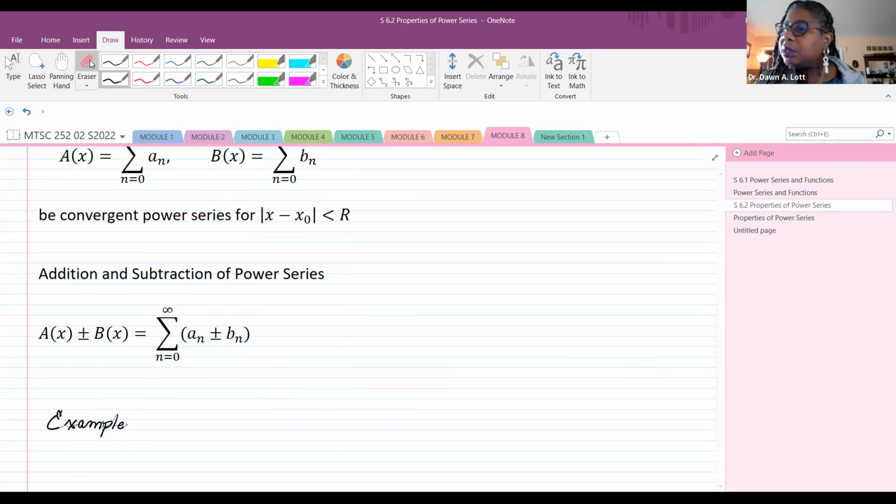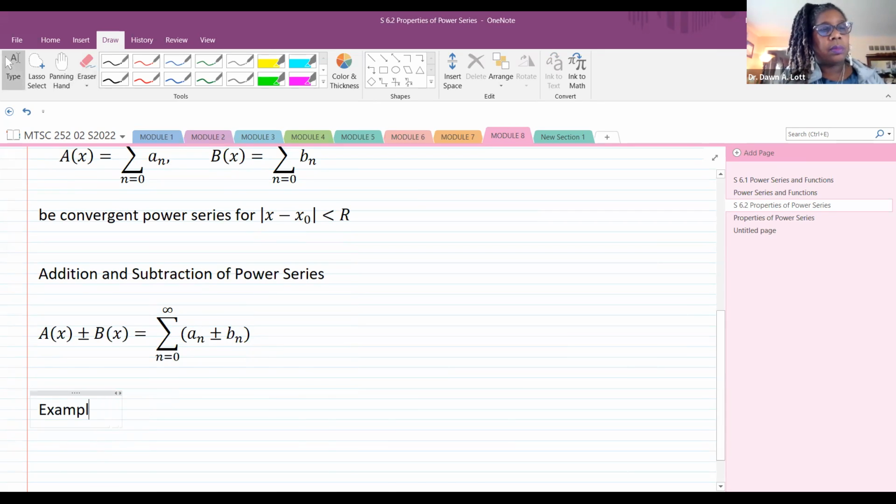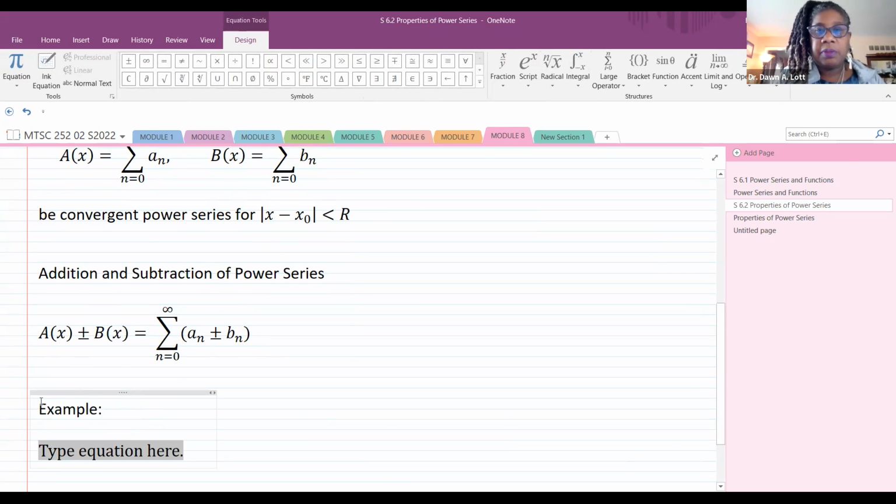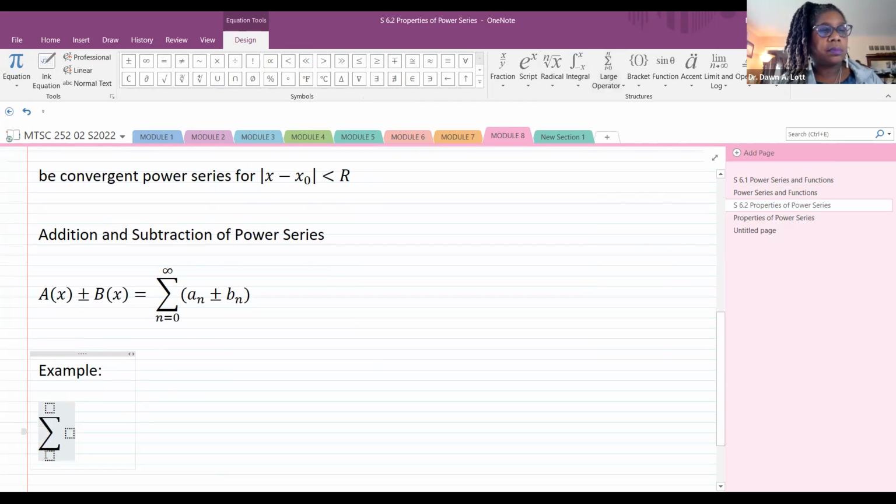My pen seems like it's going to act crazy for a bit, so maybe I'll type this in, because that will be better. Okay. So I have the sum n equals 0 to infinity of x to the n. That's one power series.